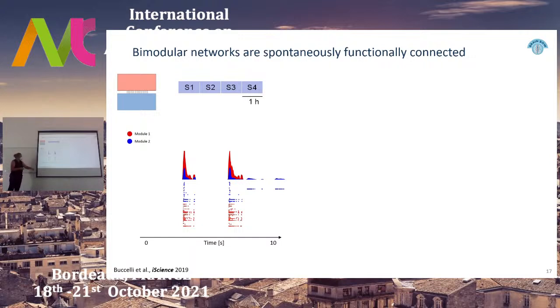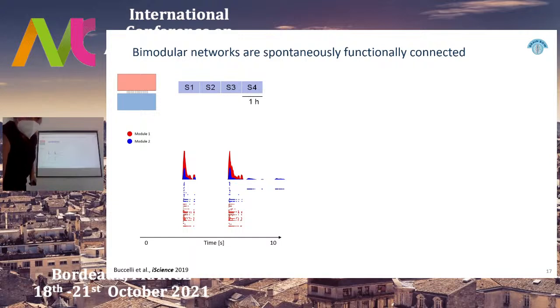And what you see here is a raster plot. I will now start a movie. This is the raster plot from the blue module, the raster plot from the red module. And this is simply a spike count, which is called the instantaneous spike rate, and that you see here on the top. So what we monitored was simply the spontaneous activity of these two modules over a 4-hour period.